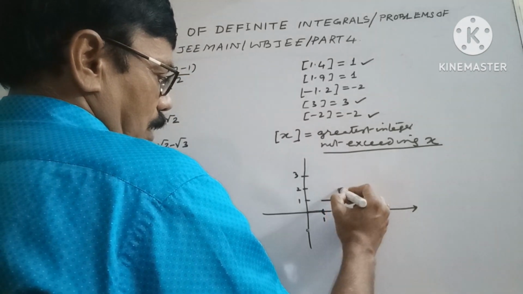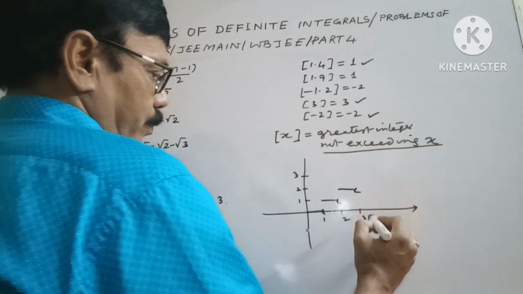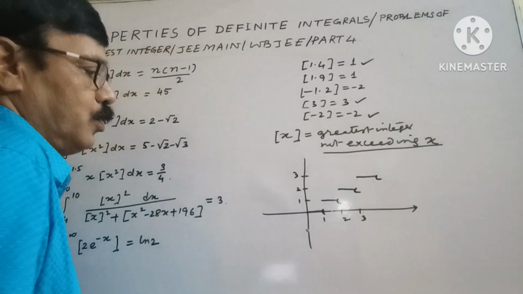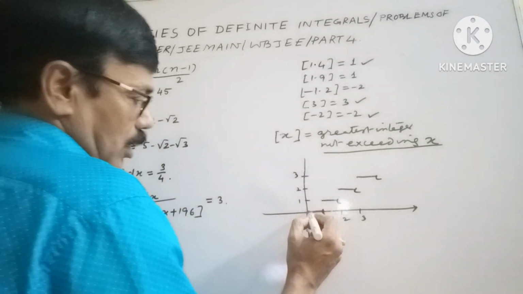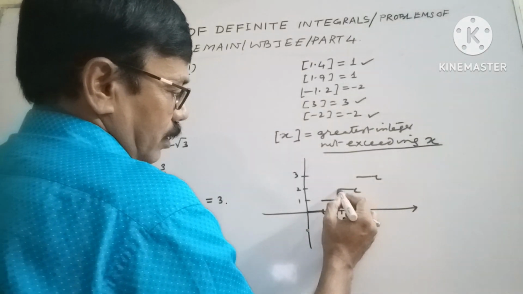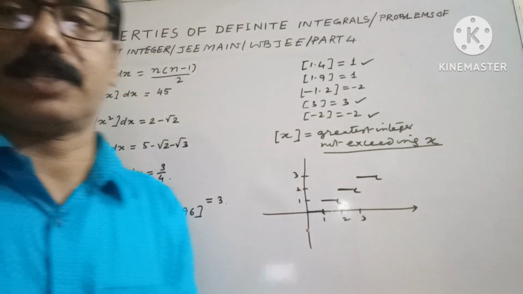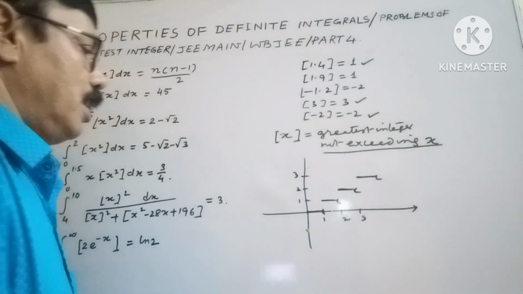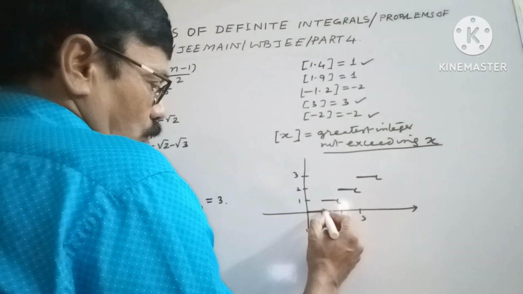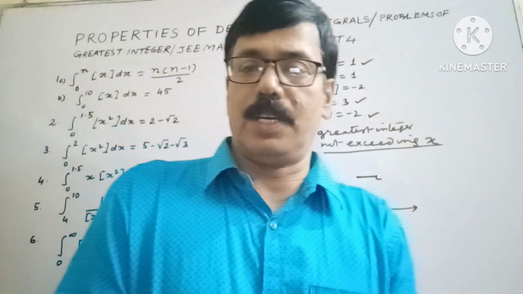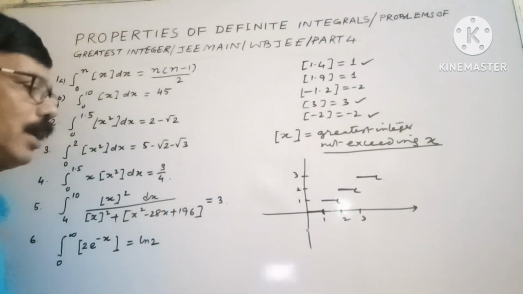In 2 to 3, the value is 2. In 3 to 4, the value is 3. So it is also called a step function. It is piecewise discontinuous. So you know, it is not continuous at integral values but continuous at non-integral values.